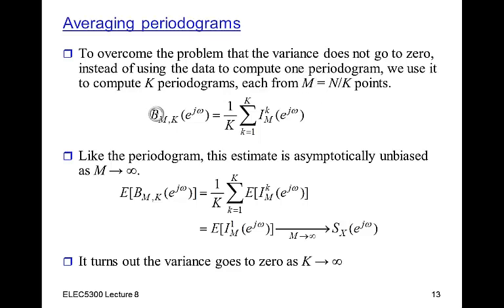There are two free parameters here, m and k. K is the number of periodograms that we calculated, so we're going to average over the number of periodograms we calculated. And each one of these is an individual periodogram calculated over m points.